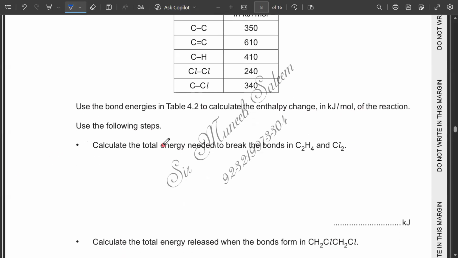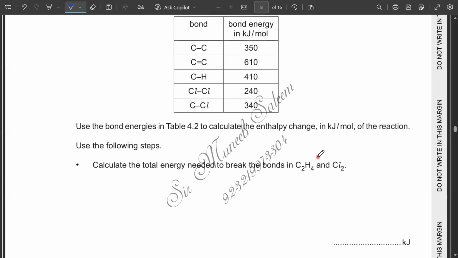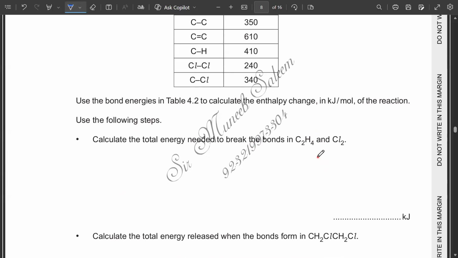Use the following steps. Calculate the total energy needed to break the bonds in C2H4 and Cl2. So we are supposed to find the enthalpy change of the whole reaction, but for that answer, we need to calculate its multiple parts. The first part is about bond energy needed to break the bonds in C2H4 and Cl2.